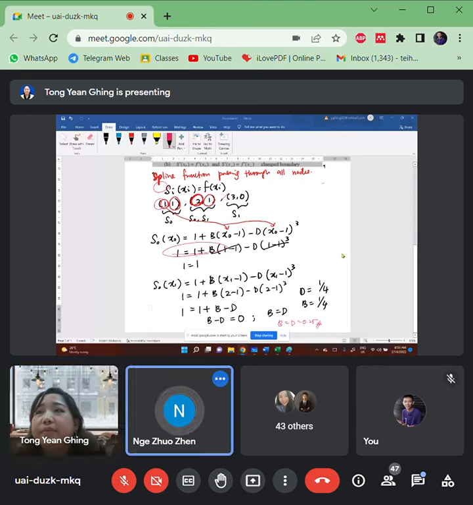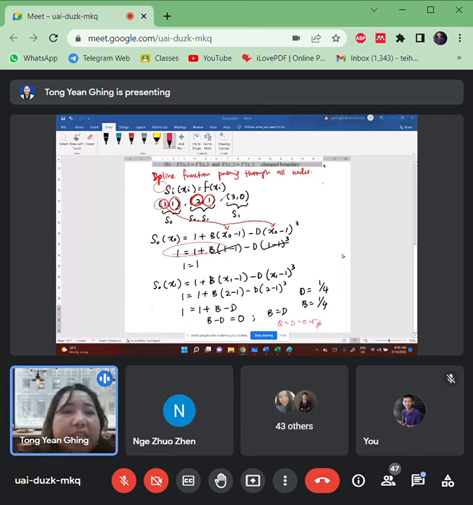S0(X0) is equal to 1 because of the given point. Given in the questions, it said that this function is passing through these 3 points. This one, this one, this one.